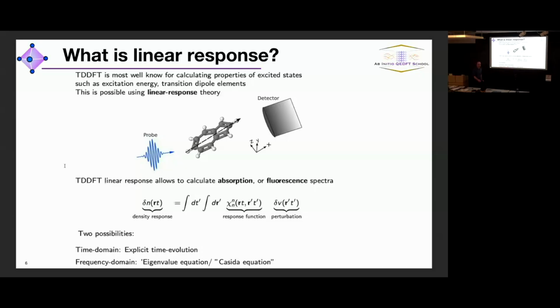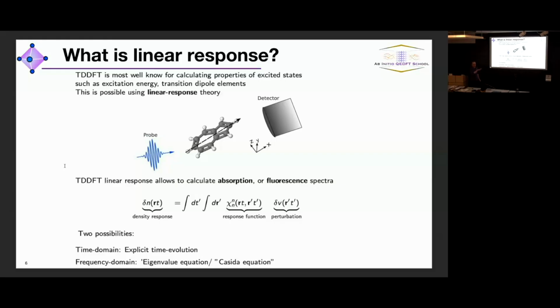One thing in TD-DFT, which is maybe the most straightforward, at least conceptually, approach, is that we can actually do an explicit time evolution. So we could set up the system like that. The molecule is initially in a ground state, so we do first a ground state calculation. This will be our initial state. And then we explicitly apply a pulse. So the V, the external potential, would be this pulse.